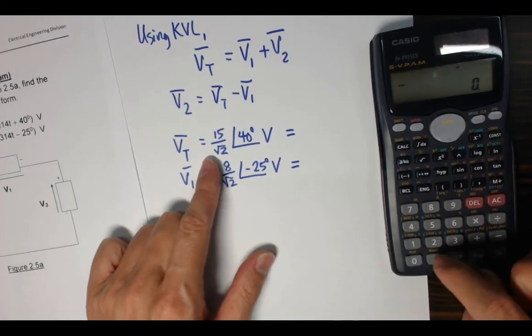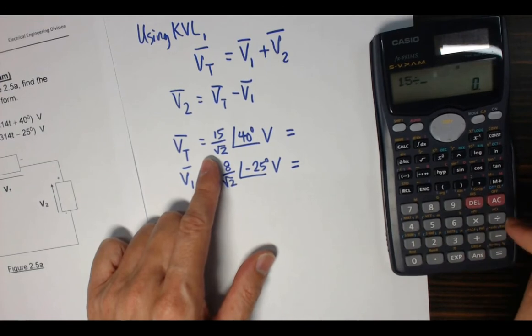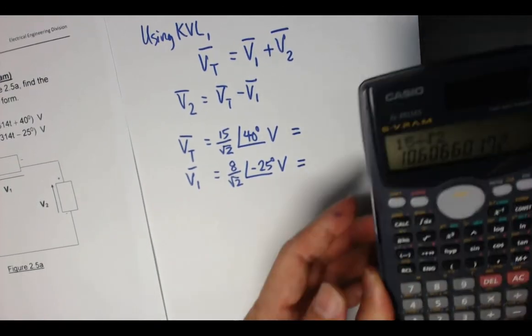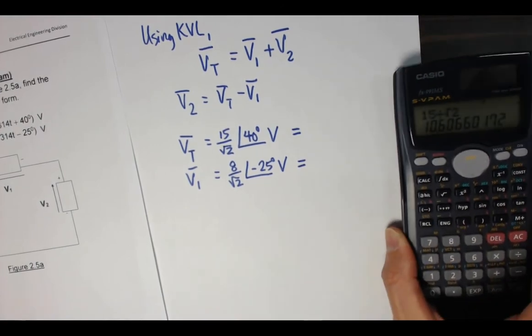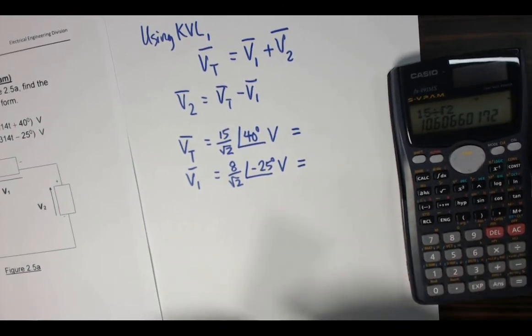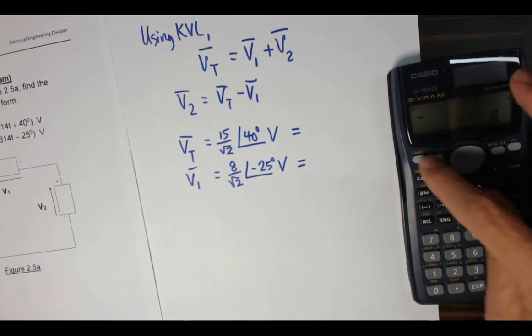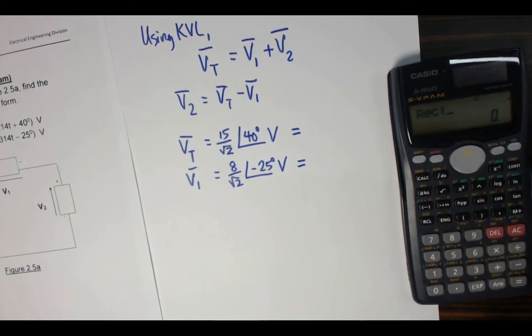First we look at 15 divided by root 2. That gives me 10.607. So 10.607, we convert this to rectangular form.